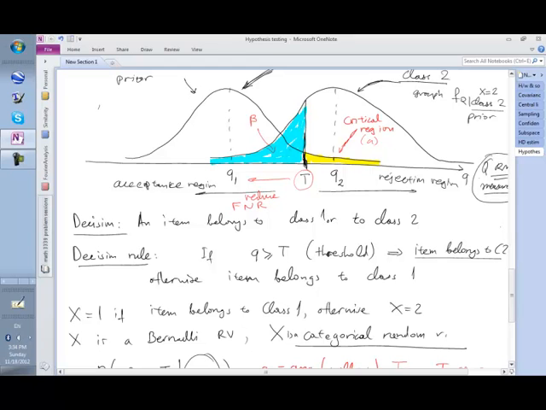Now, there is some sort of an optimal balance between the two, but there is no way that you can minimize both. You cannot have both equal to 0. That's impossible, as you see from this graph, because when you make one smaller, the other becomes bigger and vice versa. This is because the two curves overlap. However, the best balancing position is this particular one here.